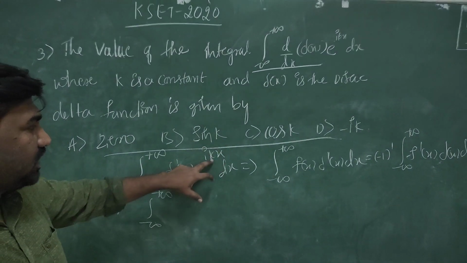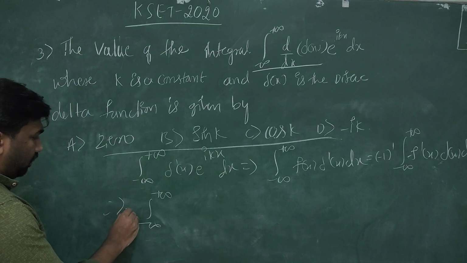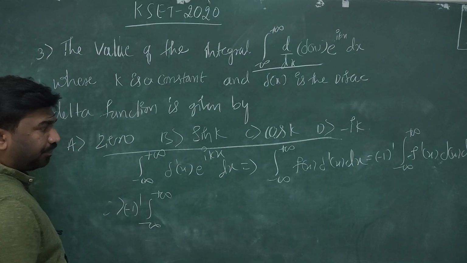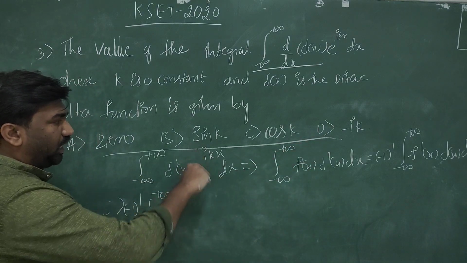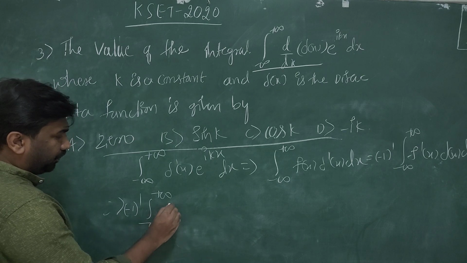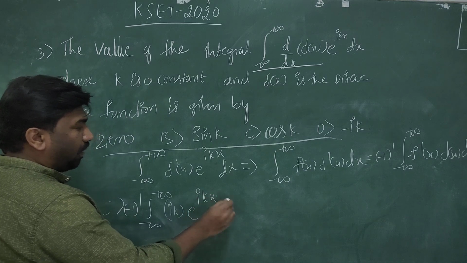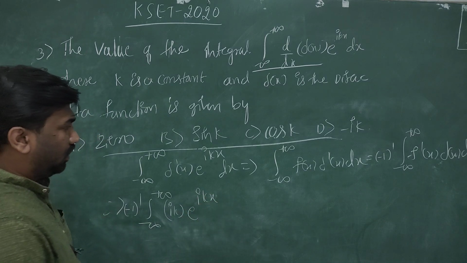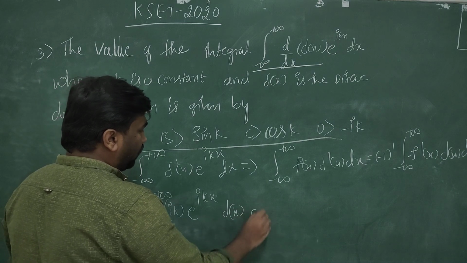Here our f(x) is e^(ikx), and therefore minus 1 power 1 into f'(x). The differentiation of e^(ikx) is ik into e^(ikx), next into δ(x) dx.